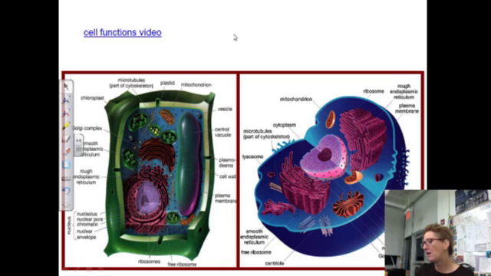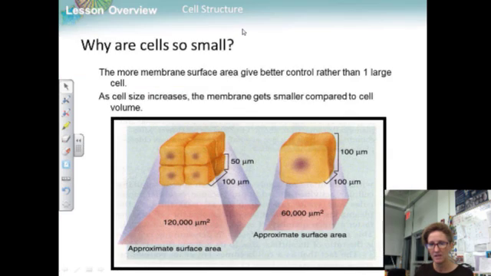Here's a recap, a great resource for you to use, of all the different types of organelles within each plant and animal cell. And I just want to talk to you about one more thing. Why are cells so small? The reason is because of the cell membranes. More membrane surface area gives better control rather than one large cell.